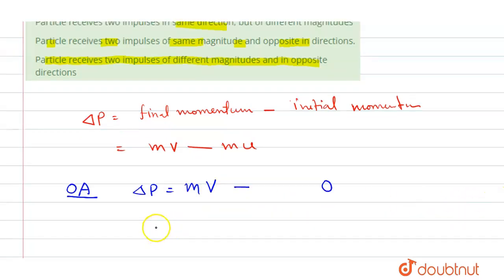So in this case the change in momentum is plus mv.